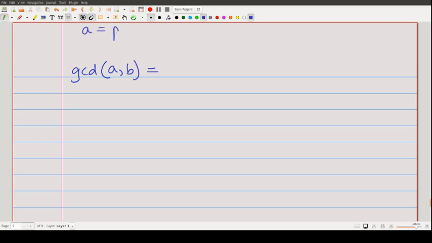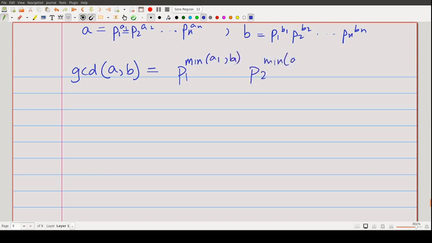If A is p1 to the a1, p2 to the a2, dot dot dot, pn to the an, so A is written as a product of primes, and B is p1 to the b1, p2 to the b2, dot dot dot, pn to the bn, again B broken down into a product of primes, then the GCD is simply p1 to the minimum of a1 and b1, p2 to the minimum of a2 and b2, dot dot dot, pn to the minimum of an and bn.